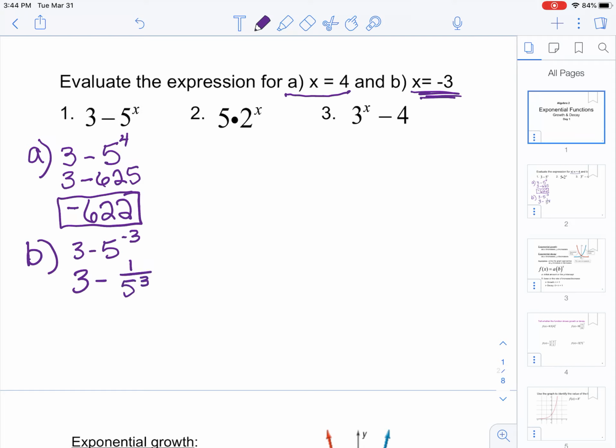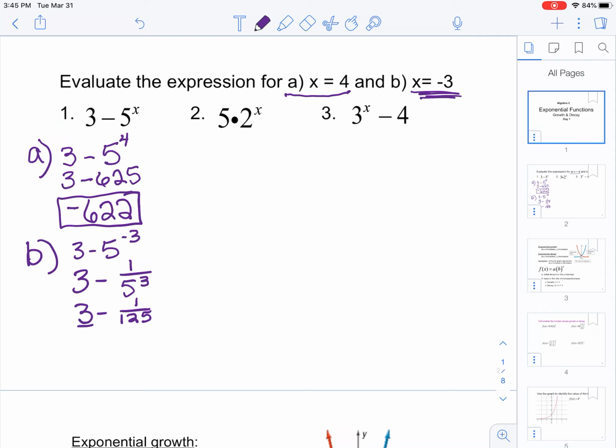So it's 3 minus 1 over 5 to the 3rd power. 5 to the 3rd power is 125, which is all good there, except now we have a whole number minus a fraction, so we know we have to make them common denominators.